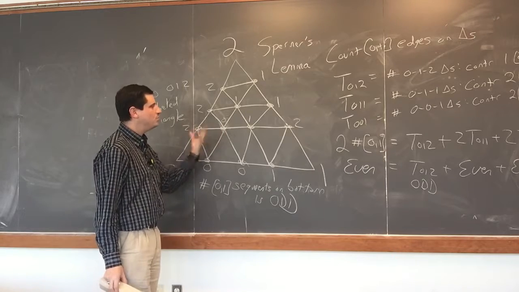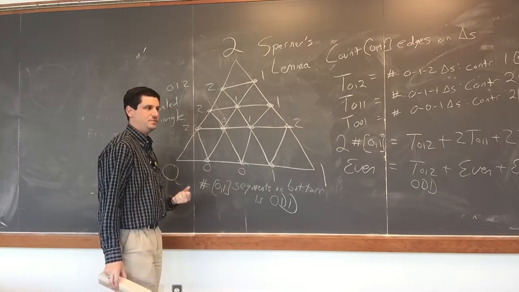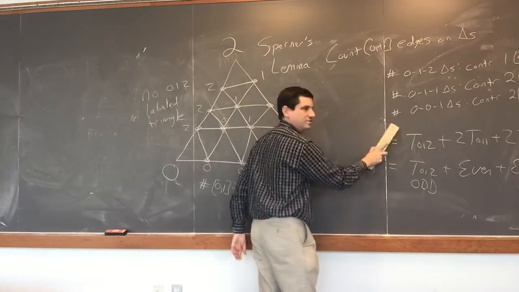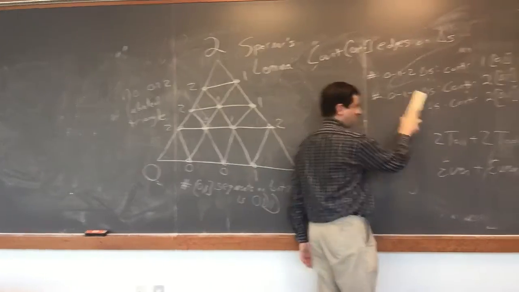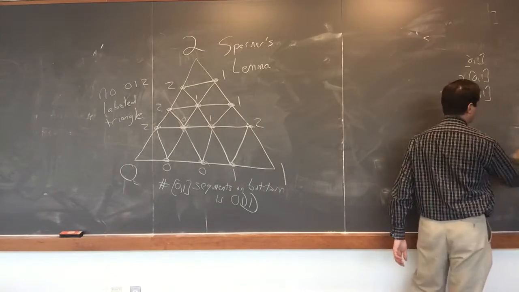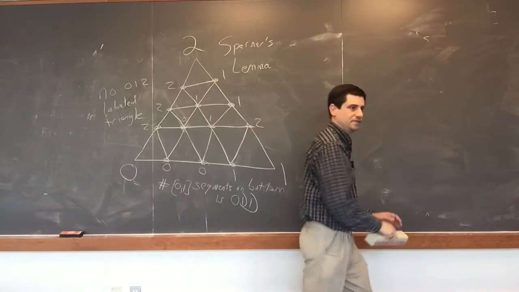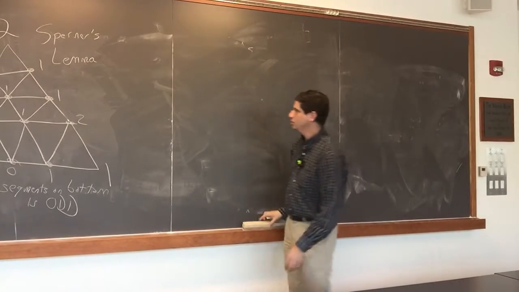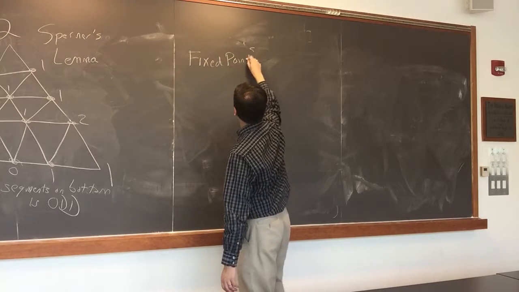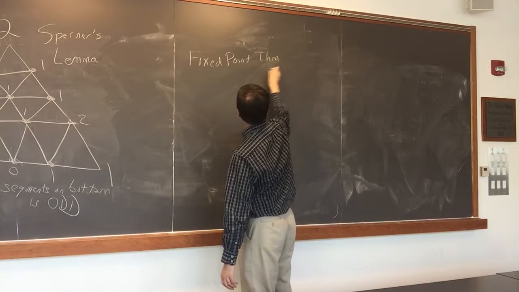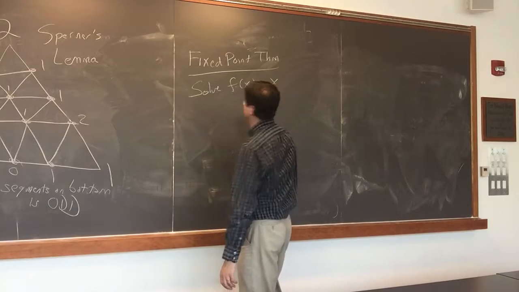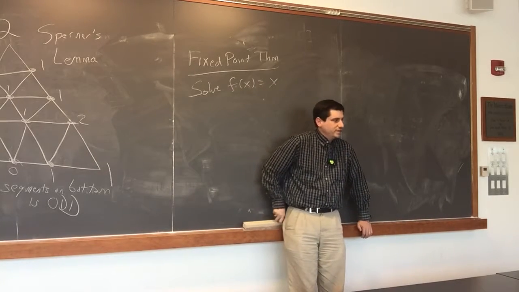All right, so the question is, why would we care about something like Sperner's lemma? A lot of it is Brouwer's fixed point theorem. I don't know, have you guys done any fixed point theorems? A fixed point theorem is trying to solve f of x equals x.